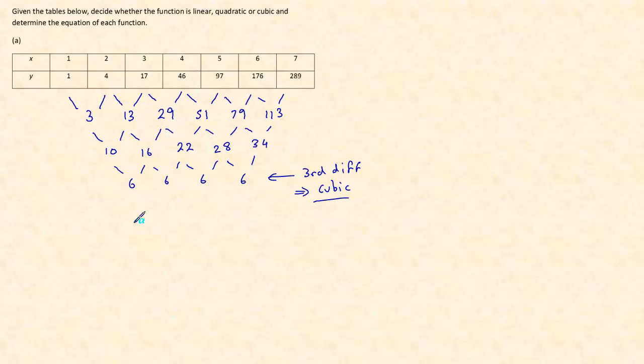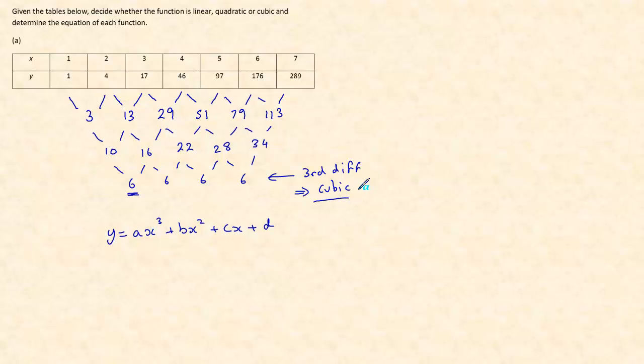So we know this is cubic, and therefore of the form y is ax cubed plus bx squared plus cx plus d. The a, b, c and d are coefficients, and therefore just numbers that we need to find. Now there's a shortcut for a. We can see that the constant difference is 6.